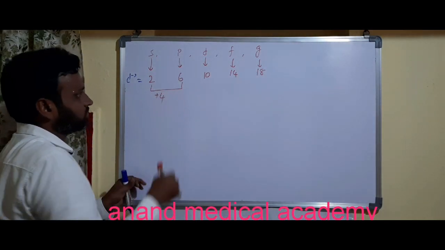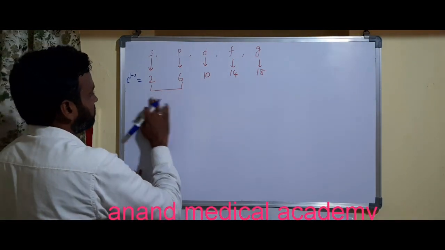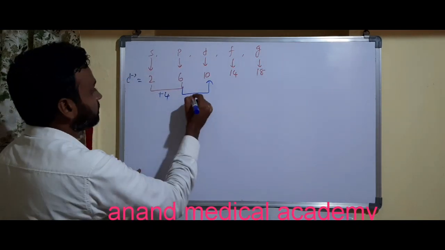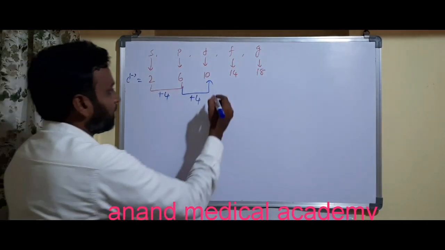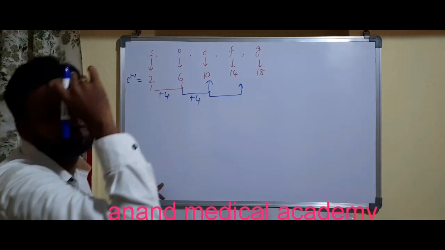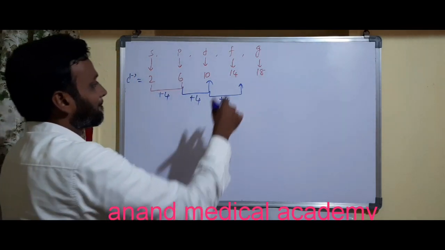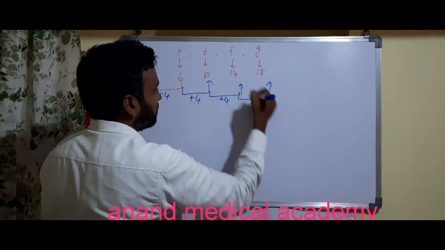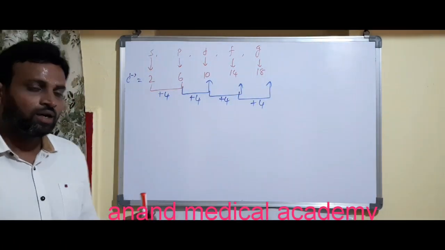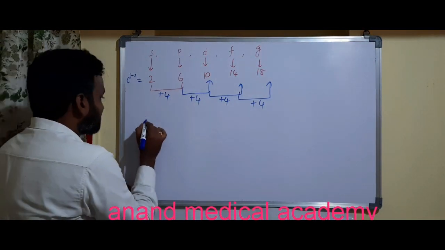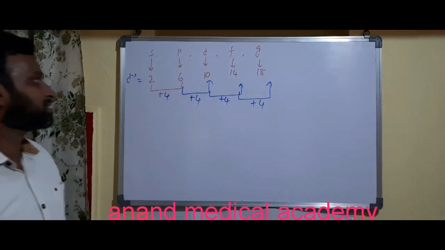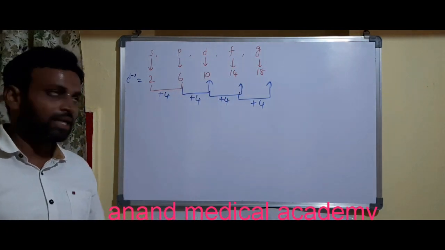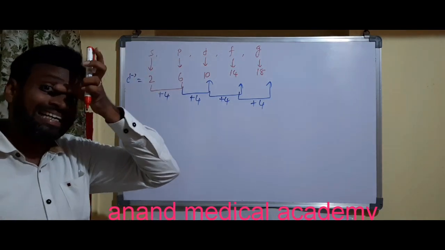So 2 plus 4, 6. 6 plus 4, 10. 10 plus 4, 14. 14 plus 4, 18. 4 is the difference. So S consists of 2 electrons, P 6, D 10, F 14, G 18 electrons.